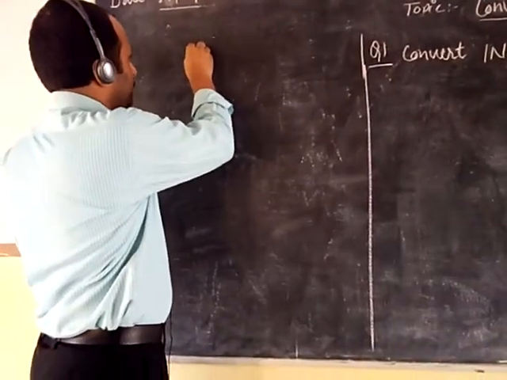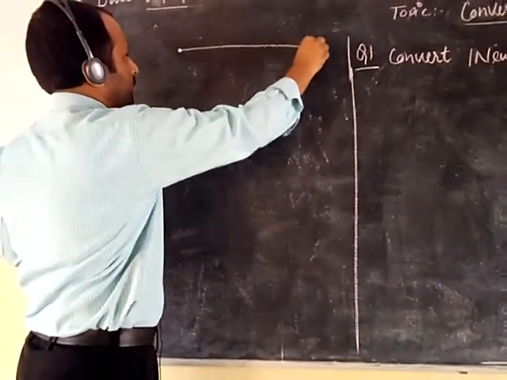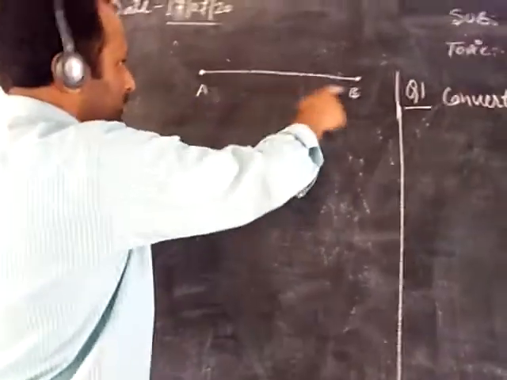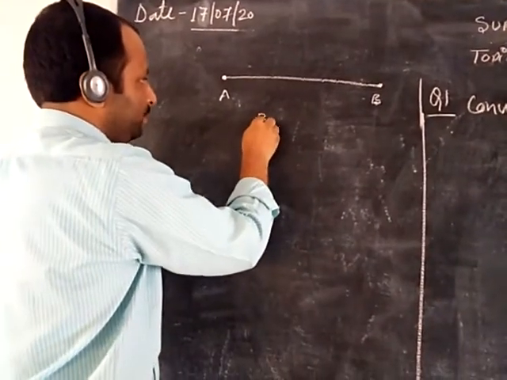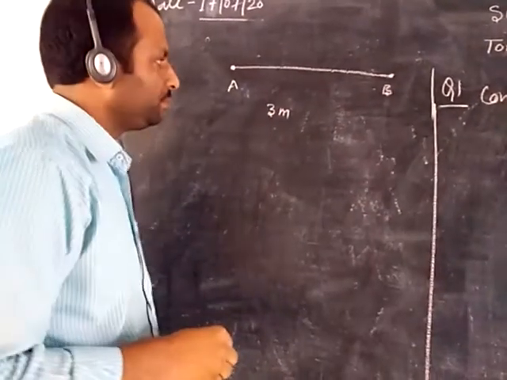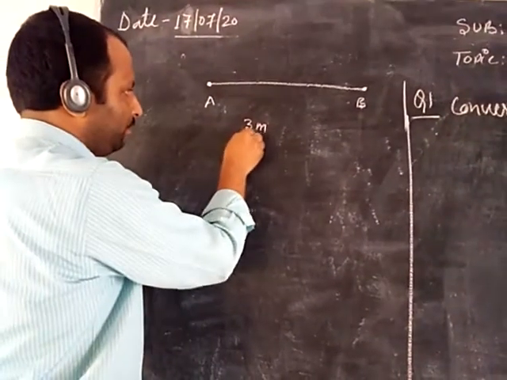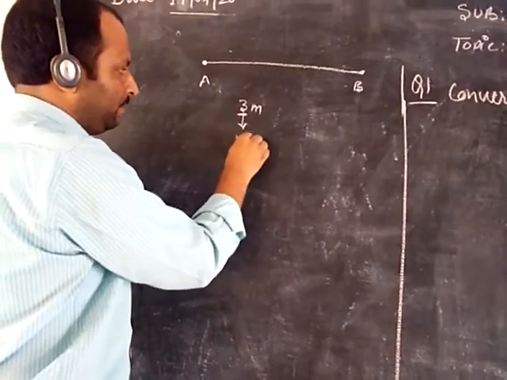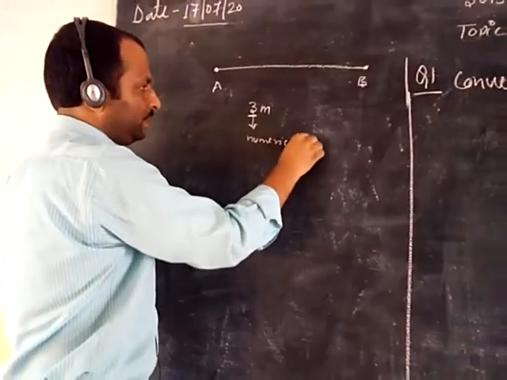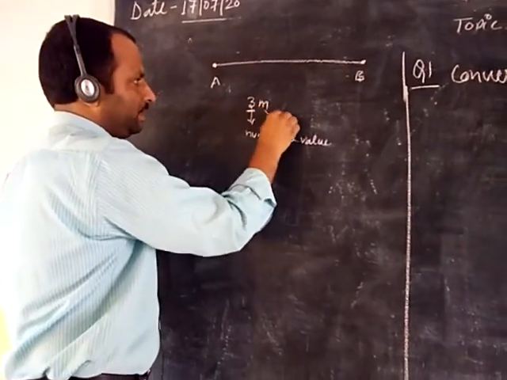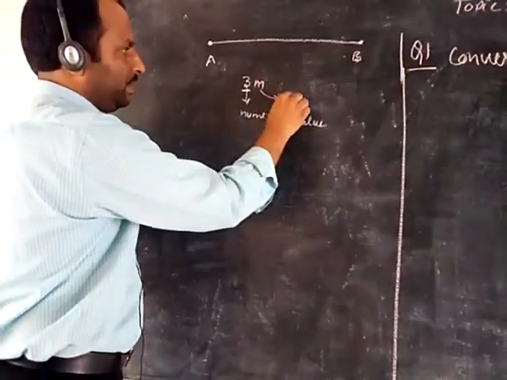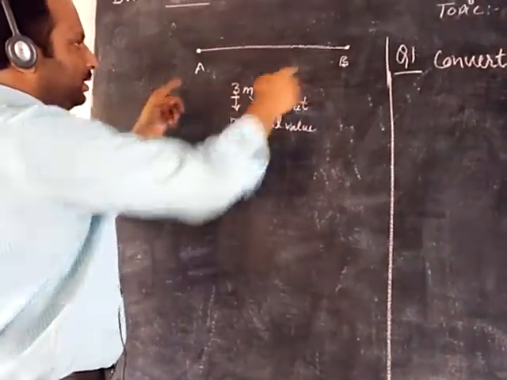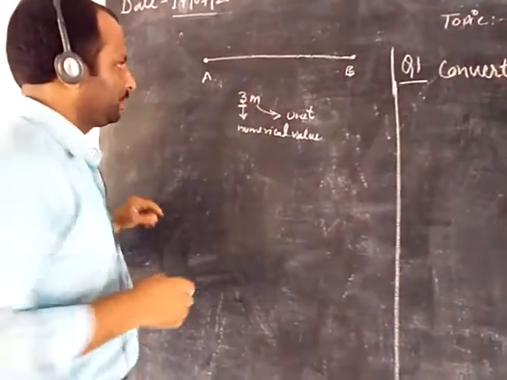So suppose the distance between the two points is said to be 3 meter. Here this value is said to be the numerical value, and the chosen standard here is called the unit.